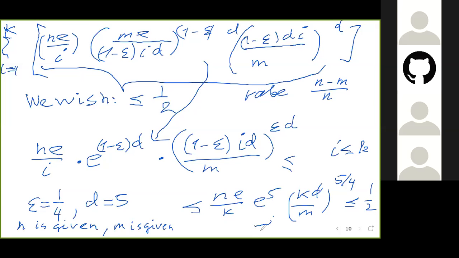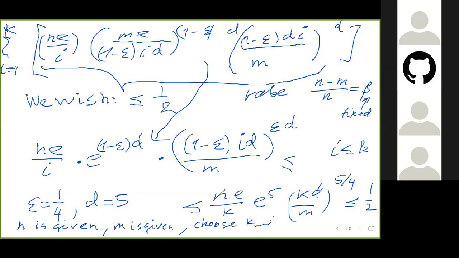So we can choose k proportional to n. More specifically, assume that n is given, m is given, and the rate of our code is a certain fixed number, call it beta, is fixed.